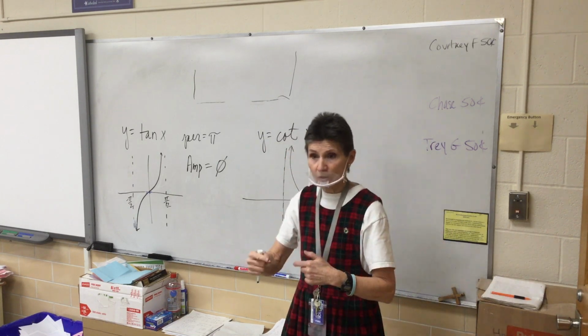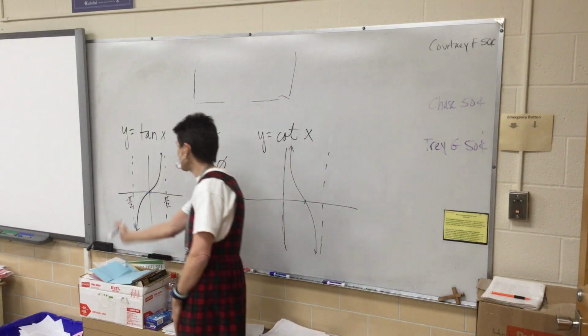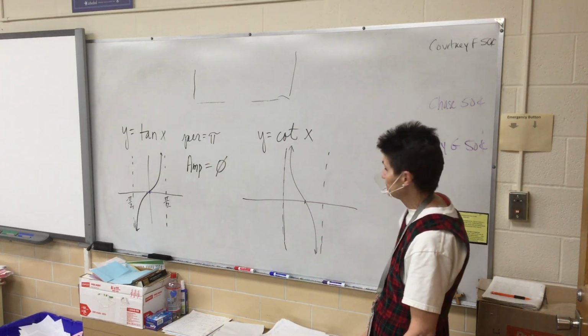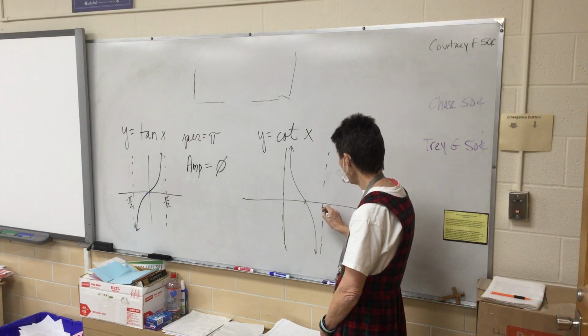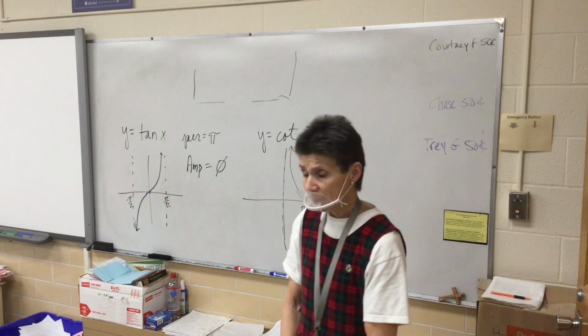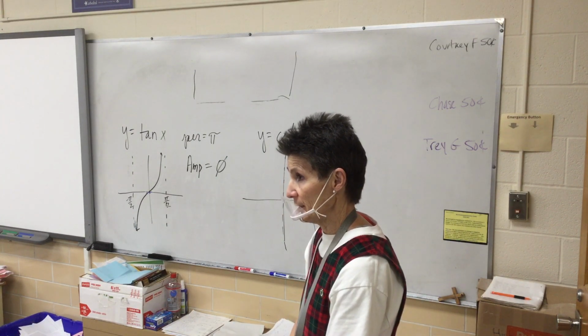You turn it over, so it's upside down. This is called an increasing function, obviously, and this is decreasing. The period is the same, so this is at pi, and this is at pi over 2. The x-intercept, or the 0, is right smack dab in the middle of the period.